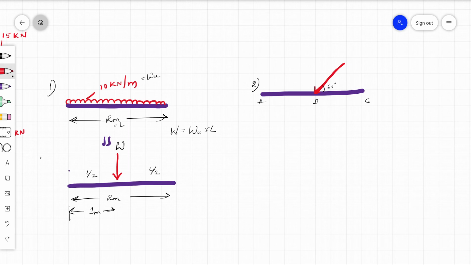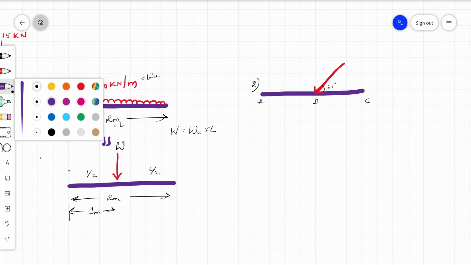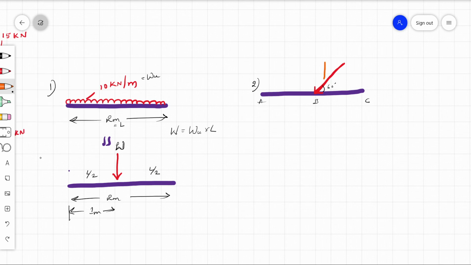So we need to have an x component as well as a y component for this. One is the y component and one is the x component. So this should be there for this inclined load.